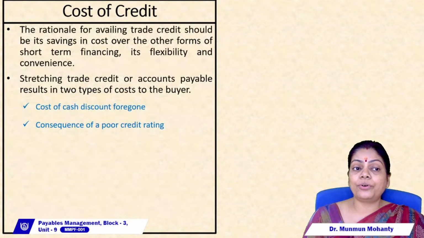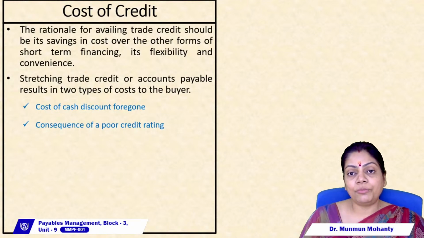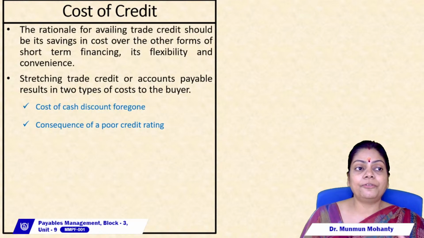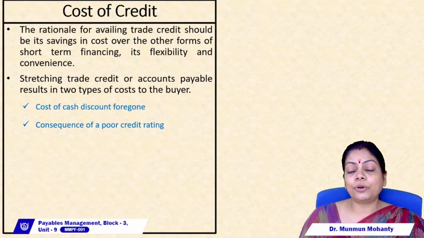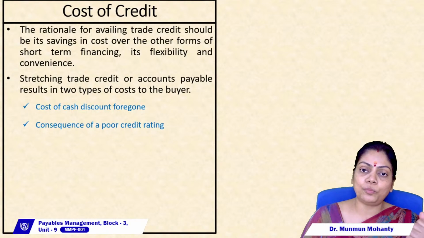The rationale for availing trade credit should be that it is cost saving over the other forms of short term financing, and it is flexible and convenient. Now the point is, if I as a buyer stretch your payment, I see that the effective interest rate falls. In the case of 90 days, the effective interest rate for stretching is 9.2%.